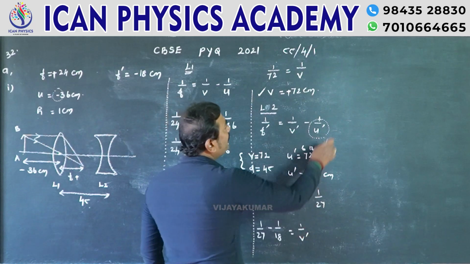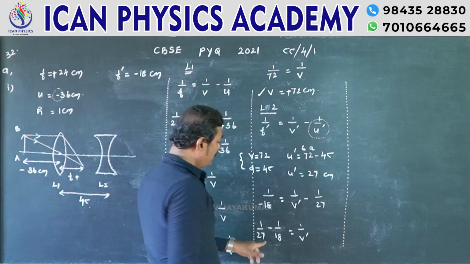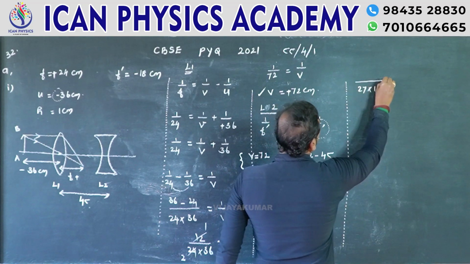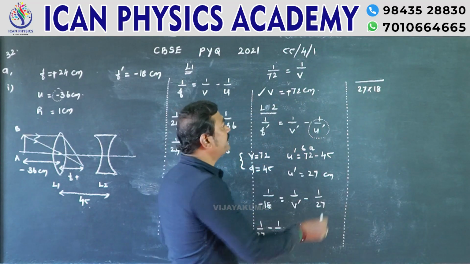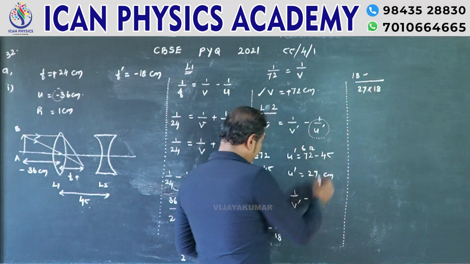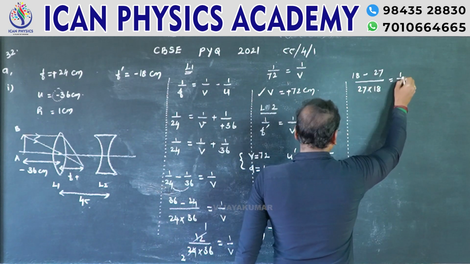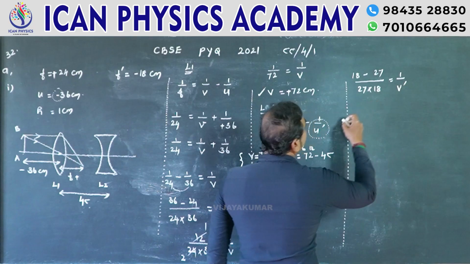Now we can go for LCM. 27 into 18. Now 18 minus 1 into 27, 27 equals 1 by v dash.